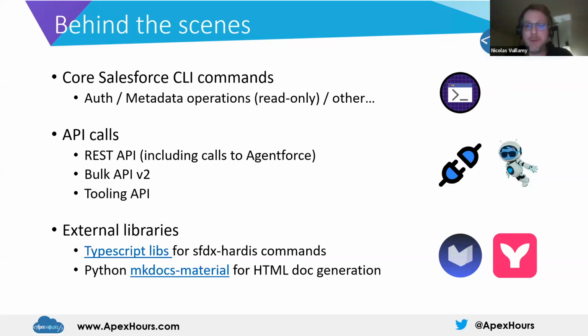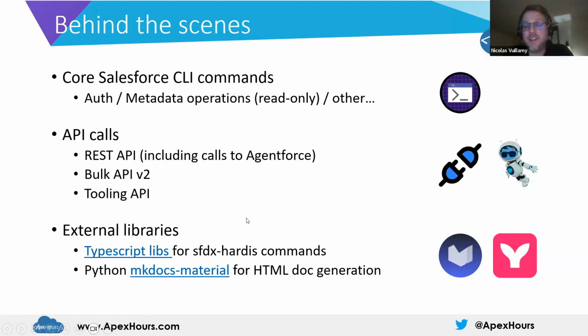But don't worry, every time there is an alert, usually there is some guidance explaining what to do to solve it. Technically, this is a Salesforce CLI command that calls other core CLI commands that call, using JSforce, the REST API, the bulk API, and the tooling API.